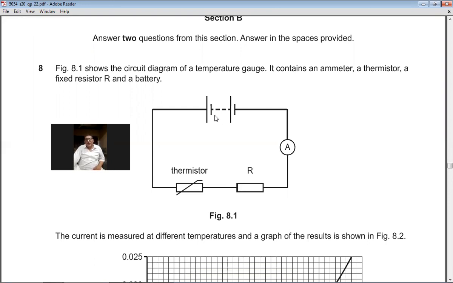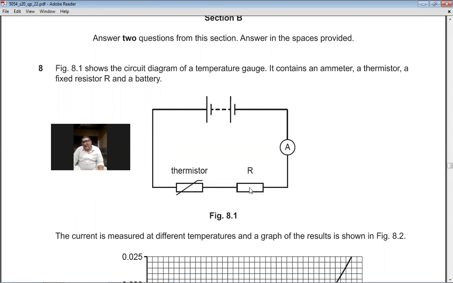So 25 volt is the EMF. This is taking 3.6. So from 25 minus 3.6, this R will have 21.4 volt. So the voltage drop on R will be 21.4 volt. The current flowing through the thermistor was 0.014 ampere.